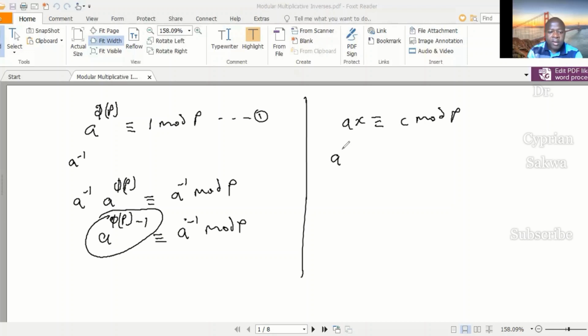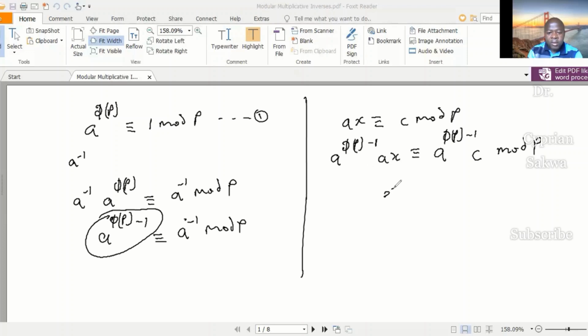So A raised to phi of P minus 1, multiplied by Ax, will be congruent to A raised to phi of P minus 1 multiplied by C mod P. But now you know that A times its inverse gives us 1.